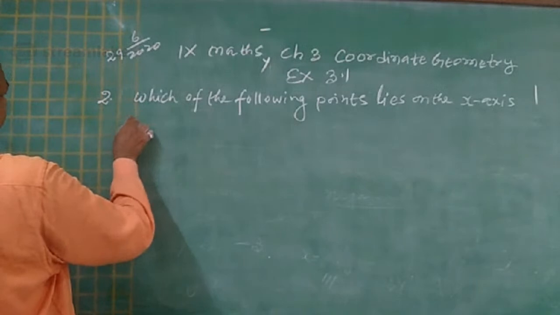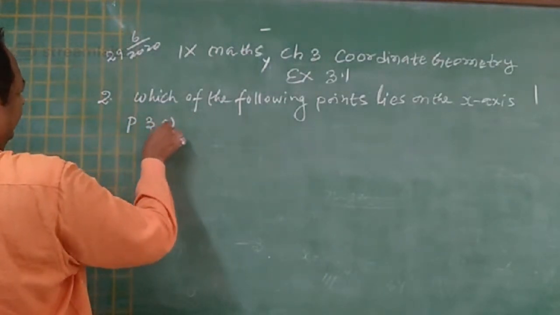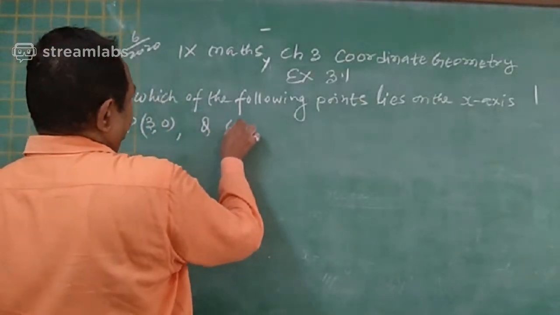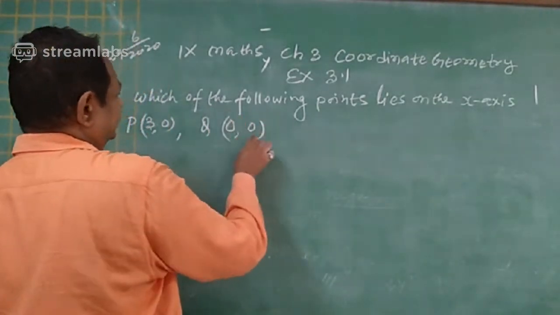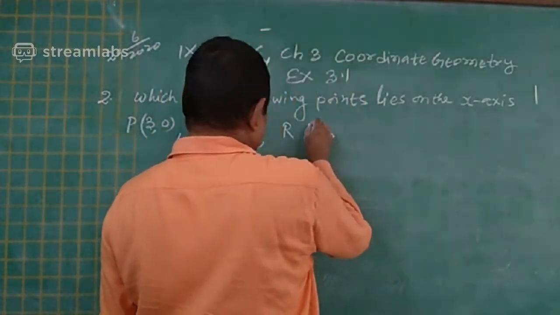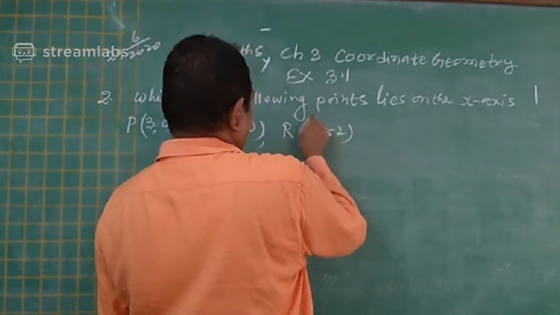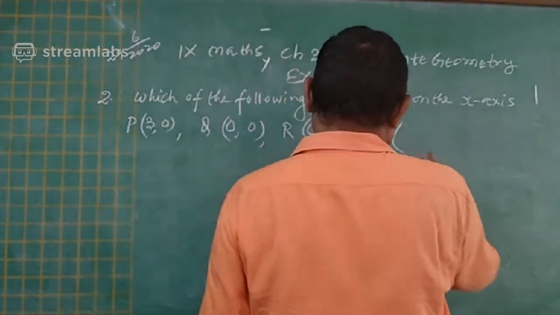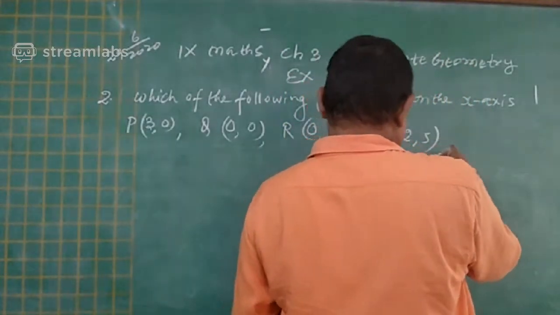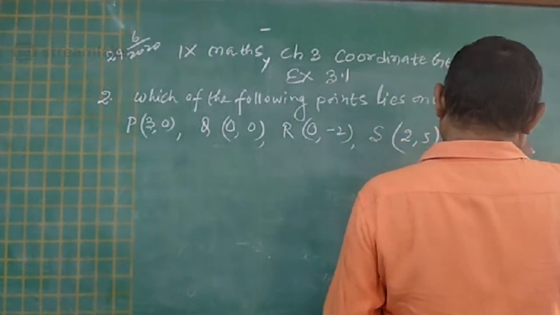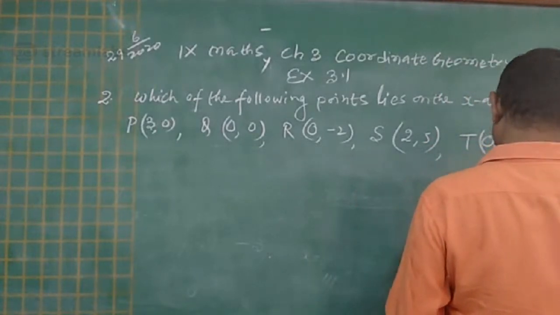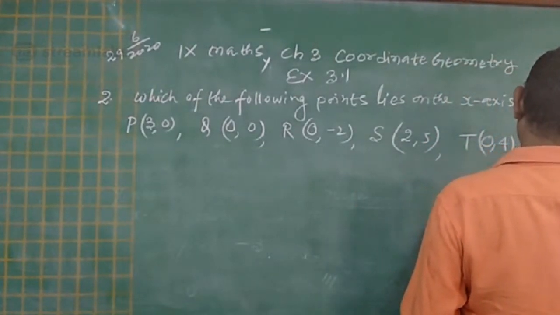Points are P (3, 0), Q (0, 0), R (0, -2), S (2, 5), T (0, 4), and U (-4, 0).